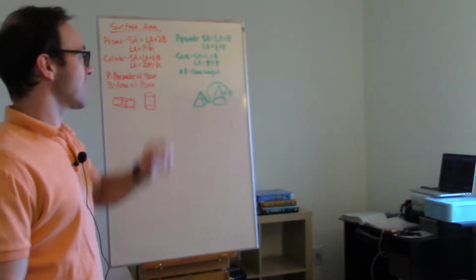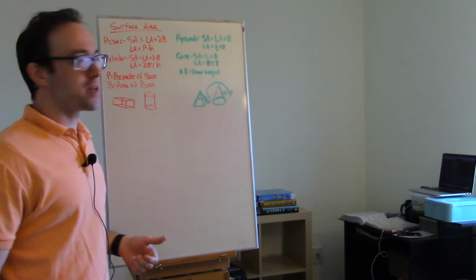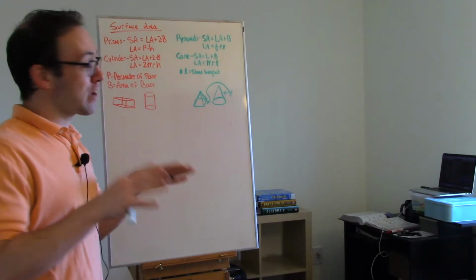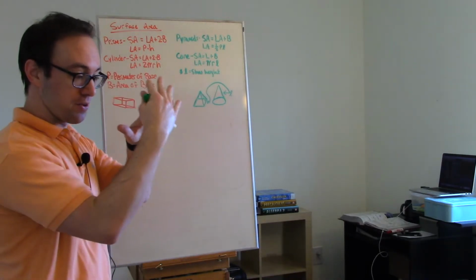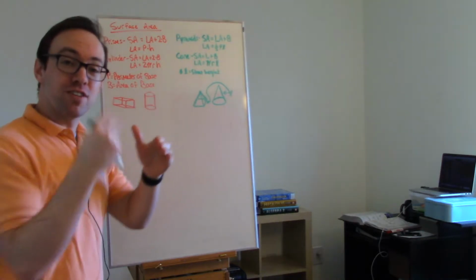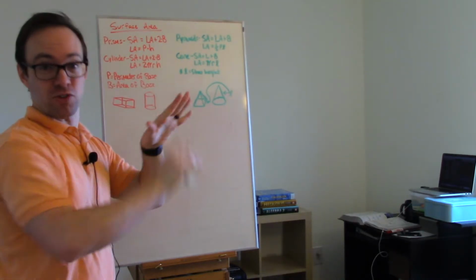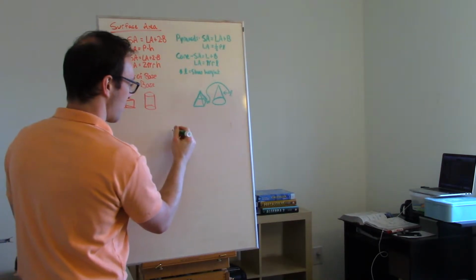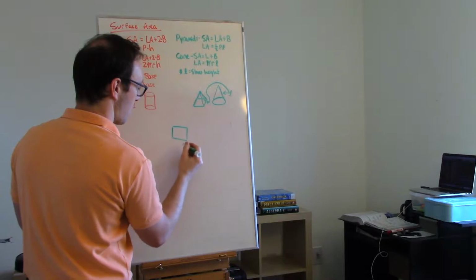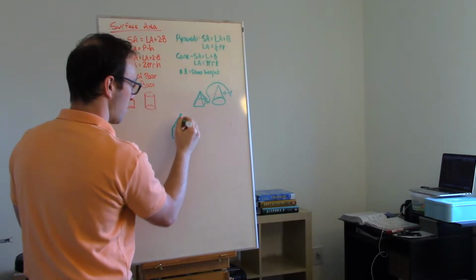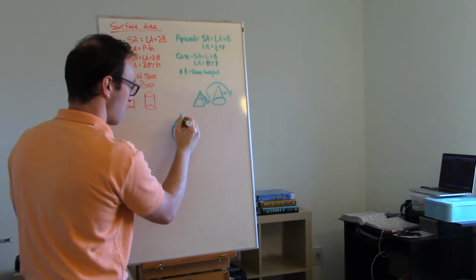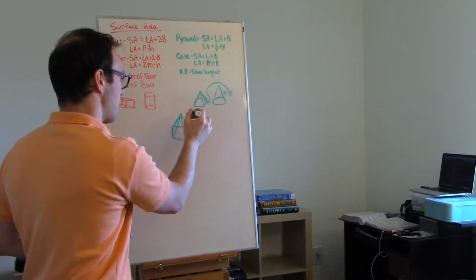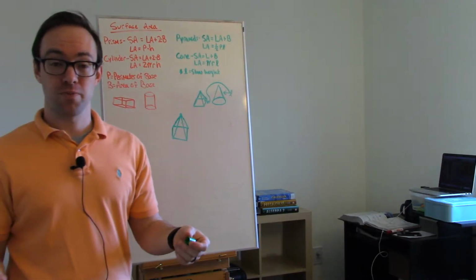And then the last two, pyramids and cones. The surface area of a pyramid is the lateral area plus the area of the base. The lateral area of a pyramid, if you think about a pyramid coming together, every side of that pyramid, excluding the base of course, is a triangle.